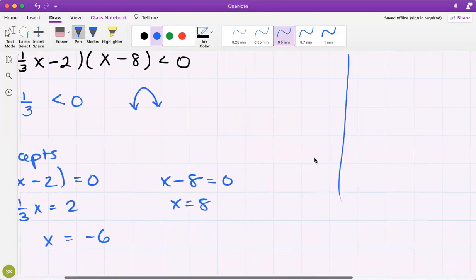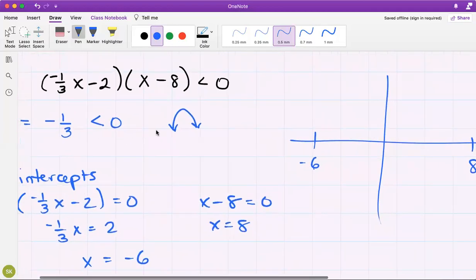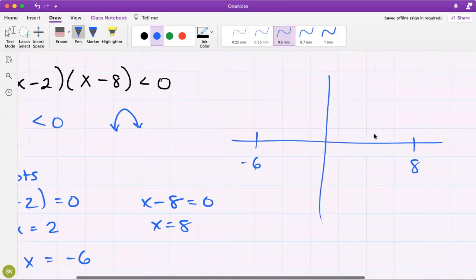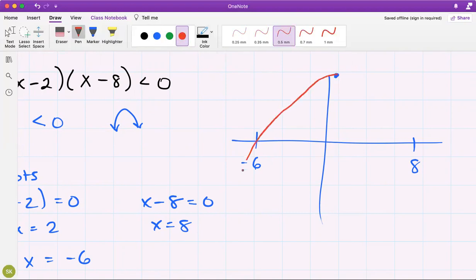Let's just give a little sketch of this. Negative 6 is somewhere around here. 8 is a little bit further. And this graph is pointing down, which tells me the vertex, which has its x value halfway between negative 6 and 8, somewhere around here, is going to be above the line y is equal to 0, because we need this function to point downwards. So we're going to look something like this.